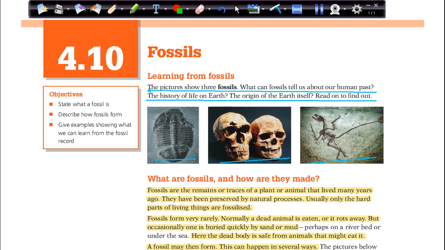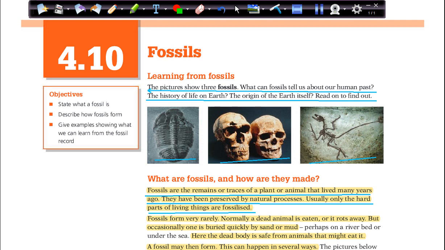So what are fossils and how are they made? Fossils are the remains or traces of a plant or animal that lived many years ago. They have been preserved by natural processes. Usually only the hard parts of living things are fossilized.